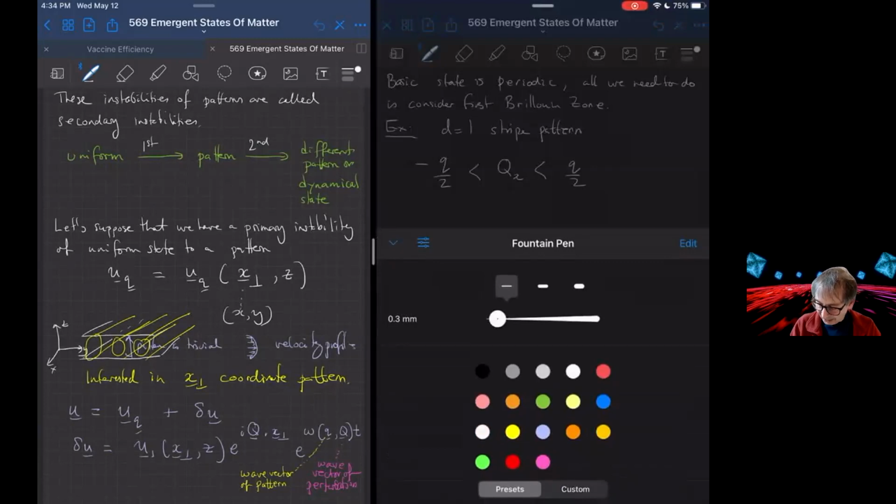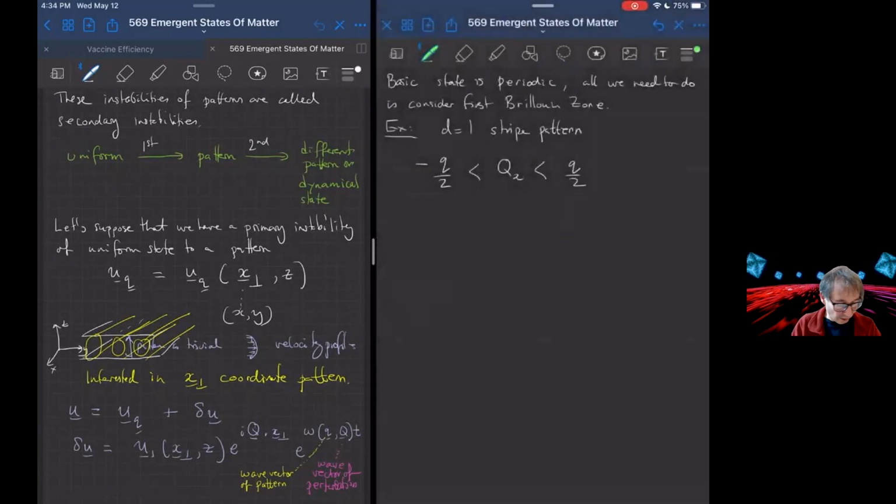Okay, so now let's ask what can actually happen. Now one can actually do these calculations, but I'm not going to do them for you. So many possibilities can happen. You could, for example, have that Q is equal to 0. You could have that Q is on the zone boundary.